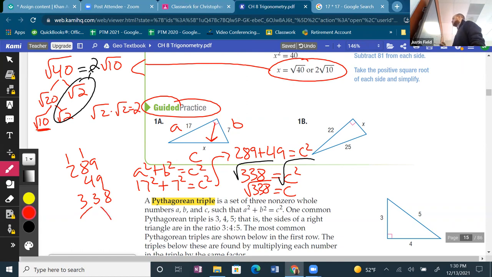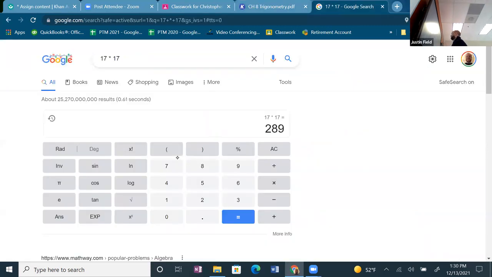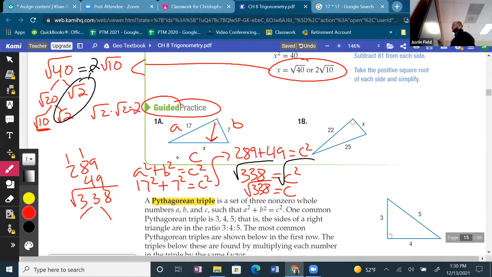So what about 338? What in the world can we break that down to? The square root of 338. What is 338 divided by 2? 338 divided by 2 is 169. Amazing. So the square root of 2 times the square root of 169. Well, guess what?